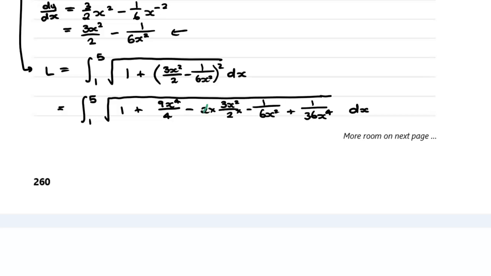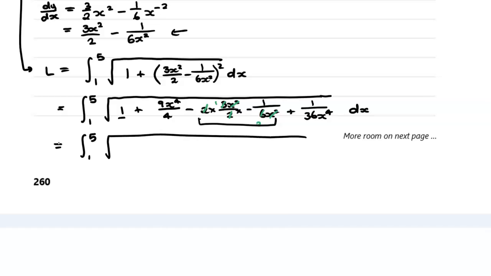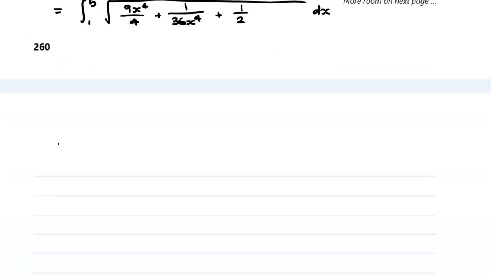Bit of cancelling that we can do in this central term. Those x squareds cancel out. So that means we're just going to be left with a half there. So if this is half, and that's negative, and we've got that 1, let's put that 9x to the 4 over 4, and we'll put the 1 over 36x to the 4. So that 1 minus a half will just become plus a half dx.